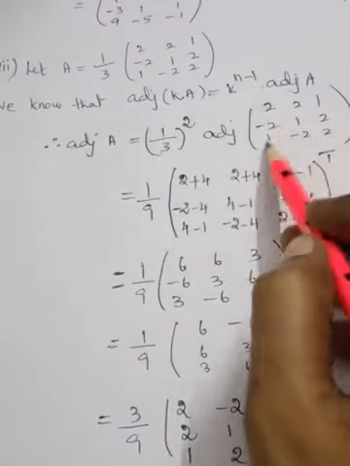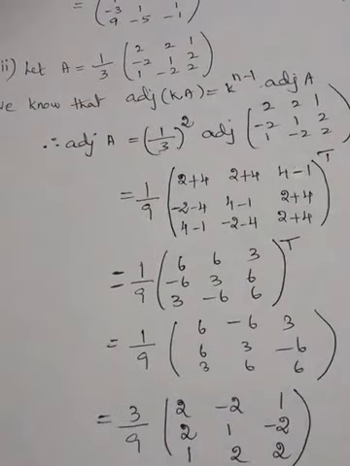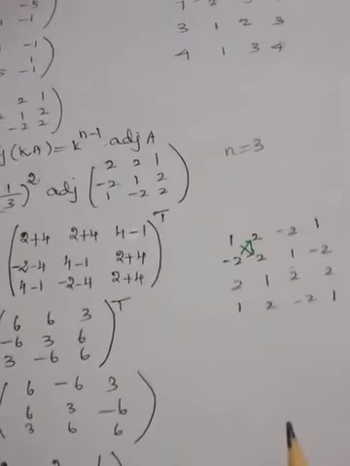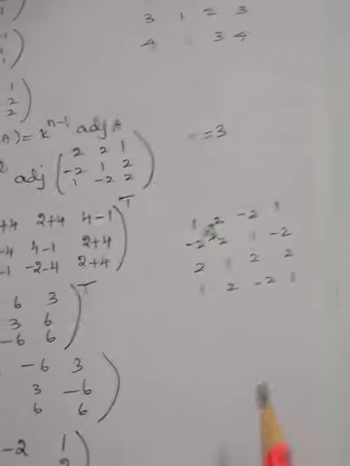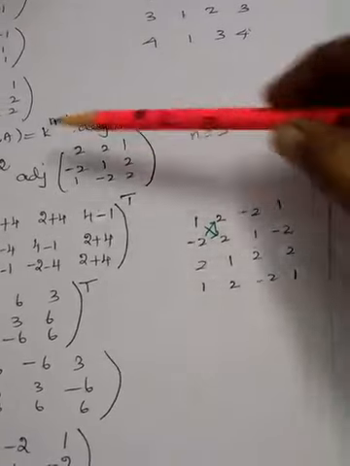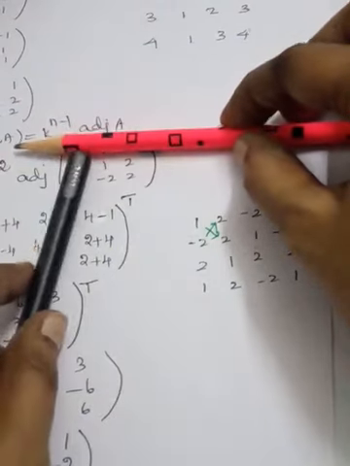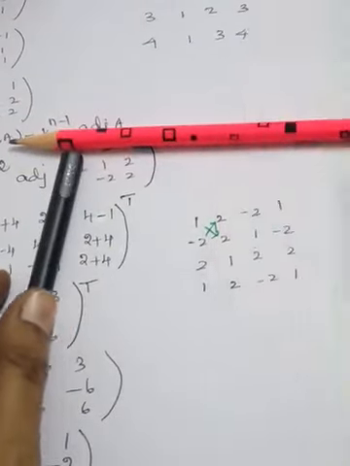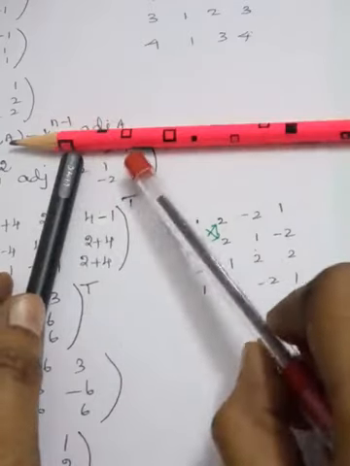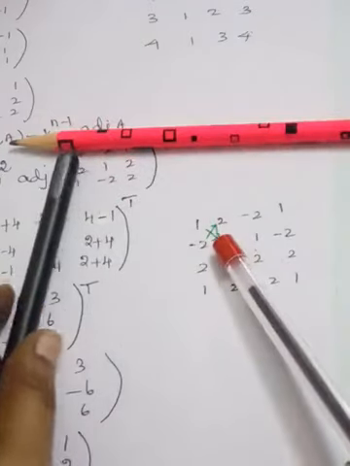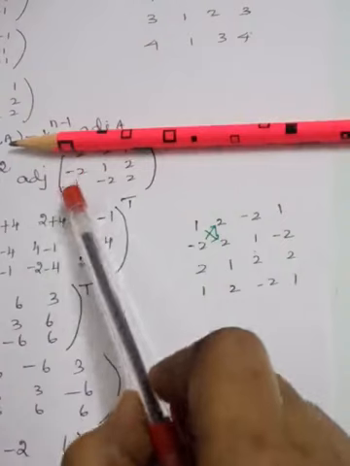For this one we need the rough work. How will you start the rough work? Once again, same method. Delete the first row and first column elements. I am getting the first column as 1, minus 2, 2, 2. Then you consider the next column, minus 2, 1.